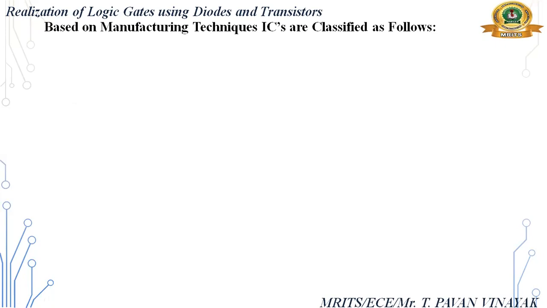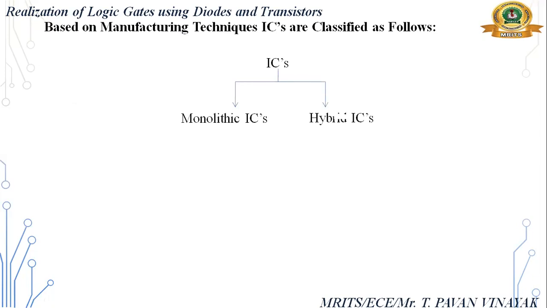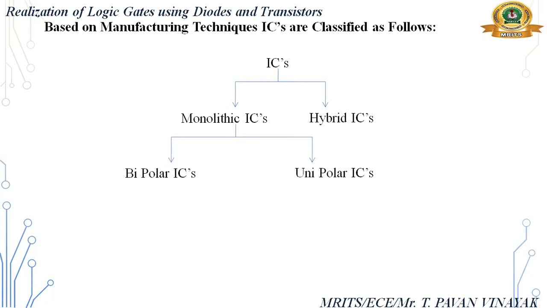Next, based on manufacturing technique, ICs are classified into two types: monolithic and hybrid. Monolithic is classified into two types: bipolar and unipolar.